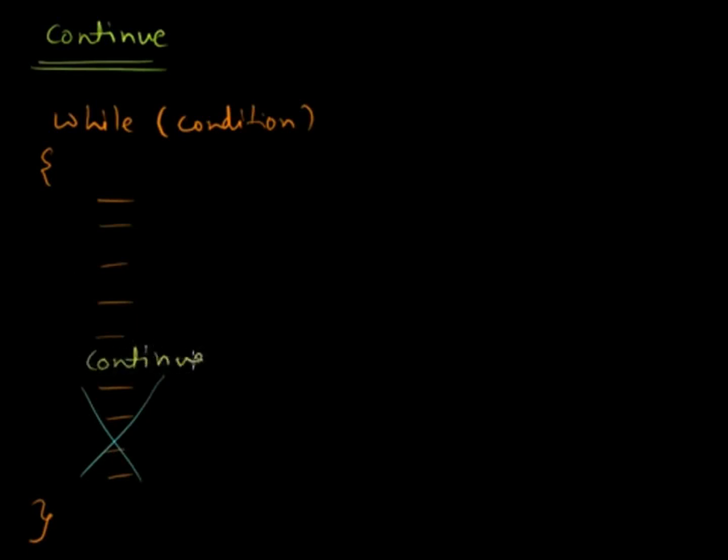This way those statements will not be executed. When the control is here while the condition is true, let's assume this statement executes. Once it finds continue, it stops this iteration and goes to the next iteration again. So it goes from here to here. It will skip the statements below the continue statement.